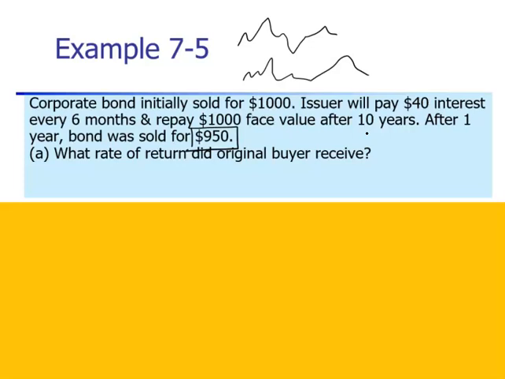Why did the value of the bond drop just after 1 year? Most probably because the market interest rate has increased. So this bond has become less attractive to the investors, so they are going to pay less for it.